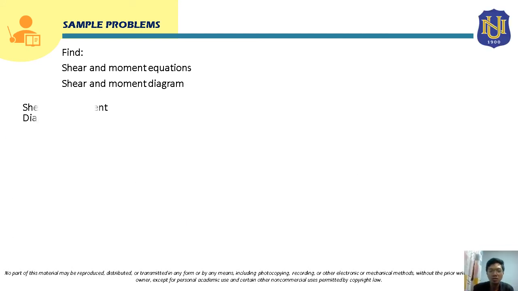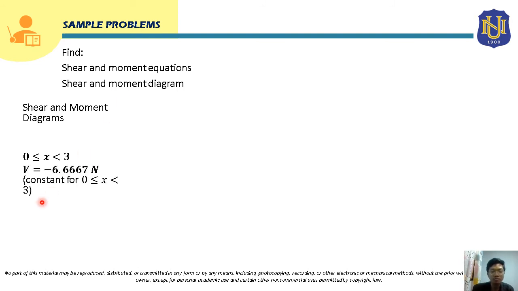We can now construct the shear and moment diagrams from the established shear and moment equations from the previous slides. For the first segment, from 0 to 3, the shear equation is negative 6.6667 Newton. So this shear will be constant from 0 to 3.